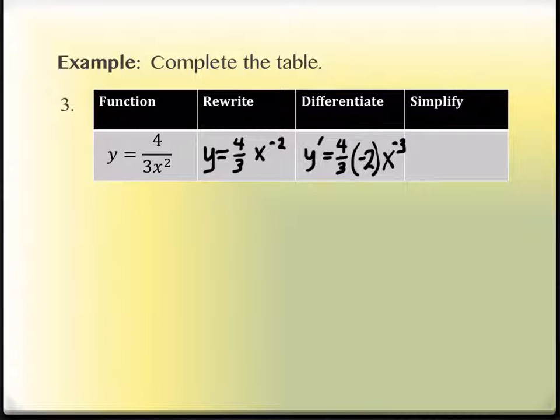Simplify means we need to clean this up. So a couple of things that means. It means if there's any multiplication that can be cleaned up, we're going to do that. The other thing is that we're going to make sure that our answer looks like the original question. So do you notice that original question? No negative exponents, right? So my answer is not going to have any negative exponents either. Which means instead of it being x to the negative 3, what am I going to have to do with it? Bring it back to the denominator as x cubed.